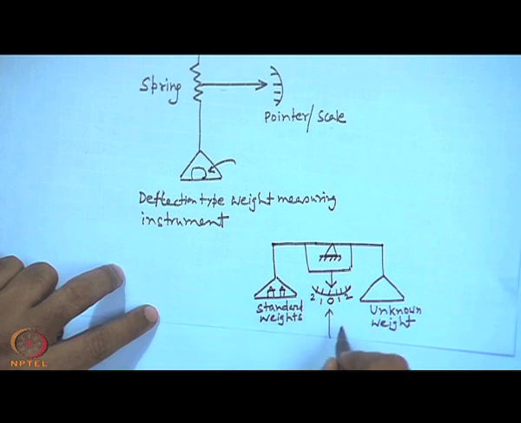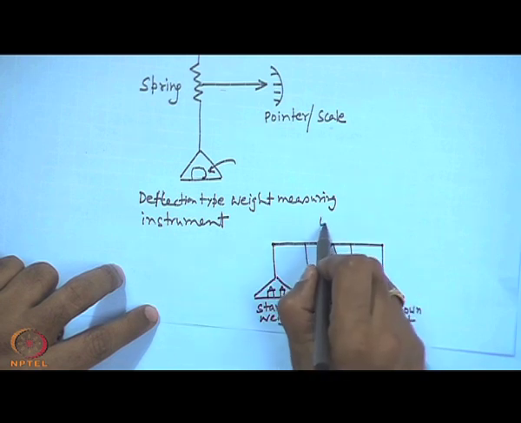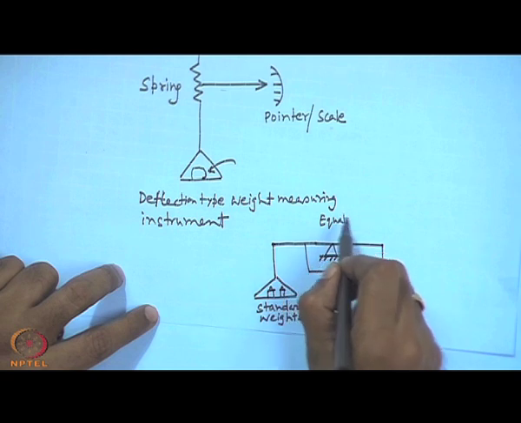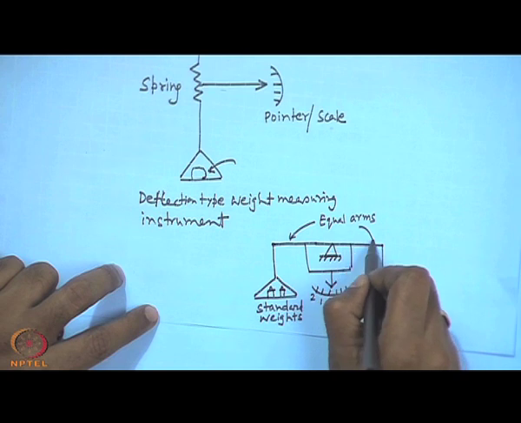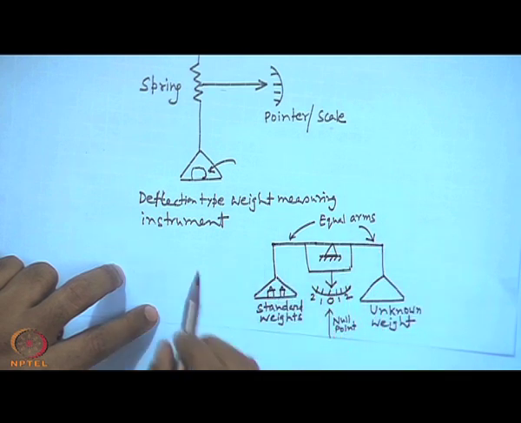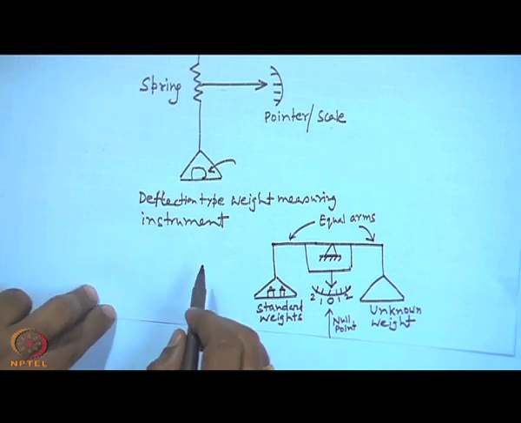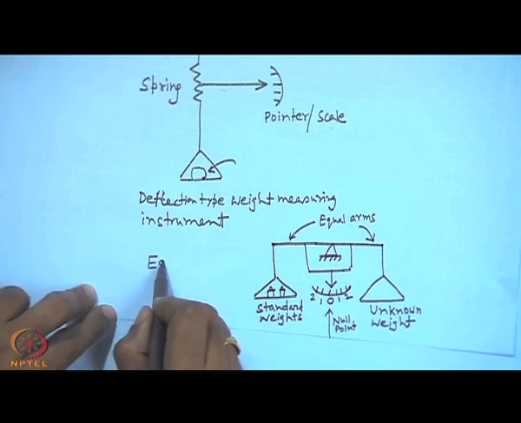This is the null point. These are equal arms. We call this balance equal arm beam balance.